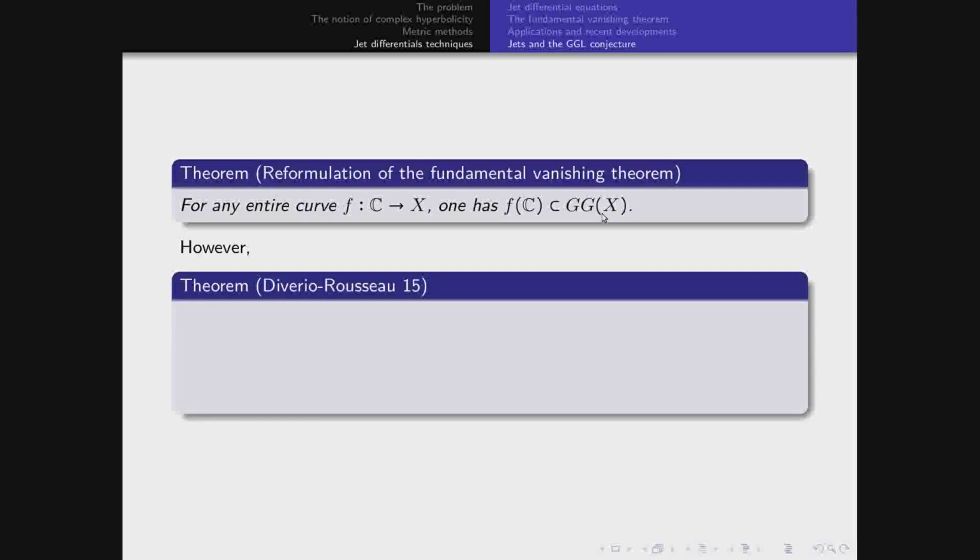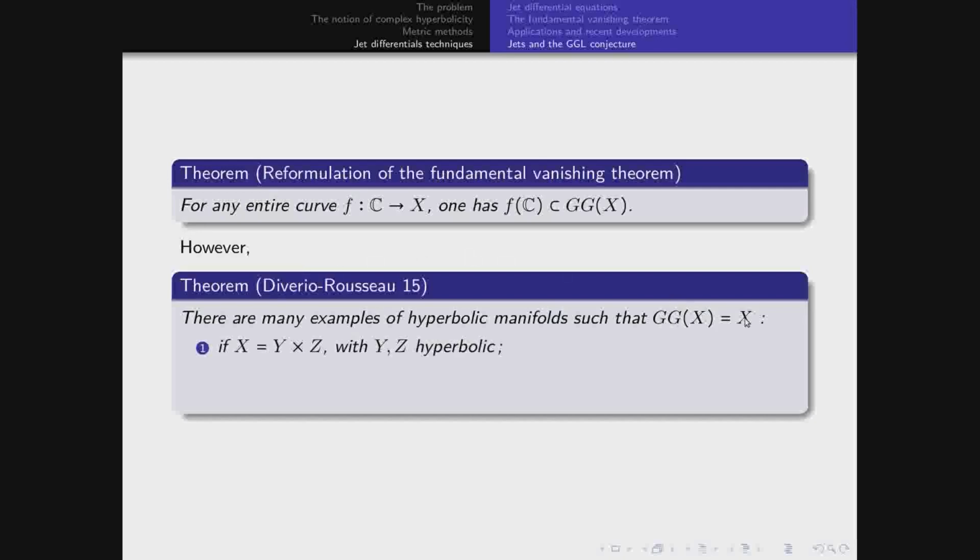There is a work by Diverio and Rousseau, which allows you to find many examples of hyperbolic manifolds such that the Green-Griffith locus is equal to X. So, a simple case where this will hold is the case where X is a product.